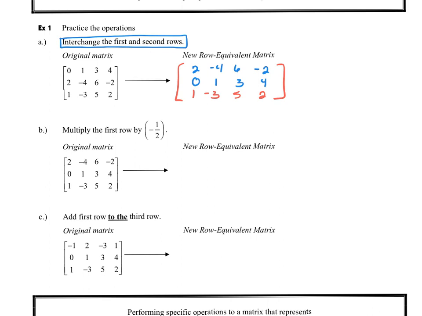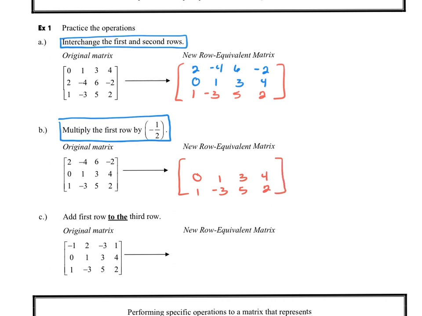On the next one, example 1B, what we want to do is multiply that new first row by a -1/2, okay? So again, what things are staying the same? Since I'm only going to multiply the first row by the -1/2, that means the second two rows are going to stay the same, 0, 1, 3, and 4, and 1, -3, 5, and 2.